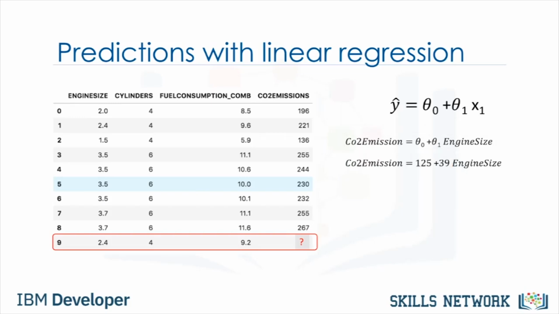As we saw, we can find theta 0, theta 1 using the equations that we just talked about. Once found, we can plug in the equation of the linear model. For example, let's use theta 0 equals 125 and theta 1 equals 39. So we can rewrite the linear model as CO2 emission equals 125 plus 39 engine size.